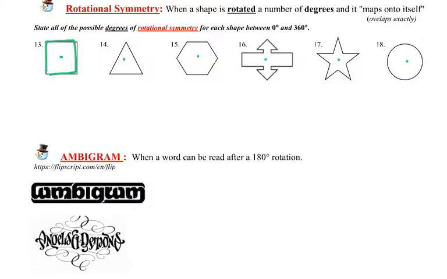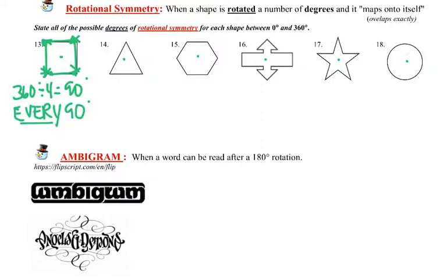You're right, there's 4 different ways: 90, 180, 270, 360. Or the easier way to do it is notice that there are 4 corners and take 360 divided by 4, which is 90. So the answer is every 90 degrees.